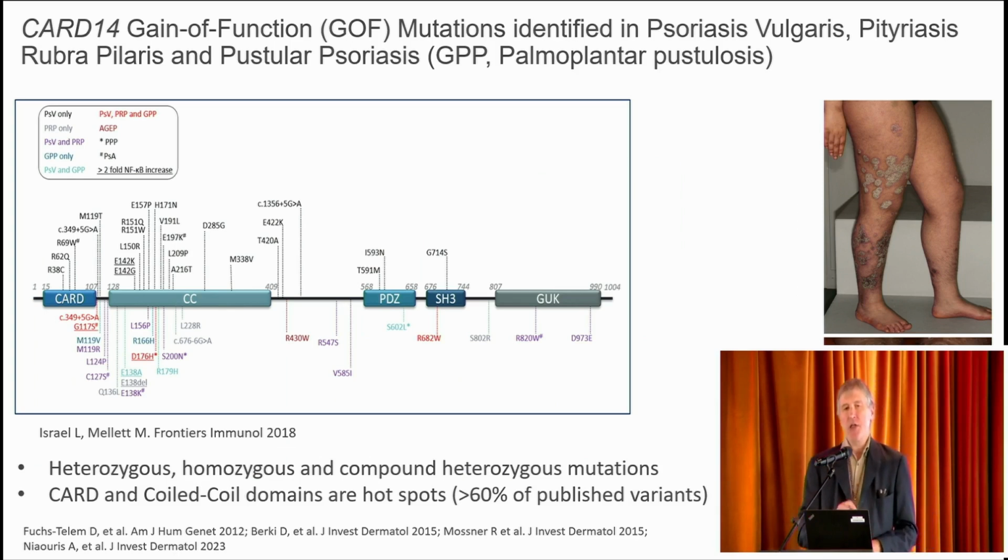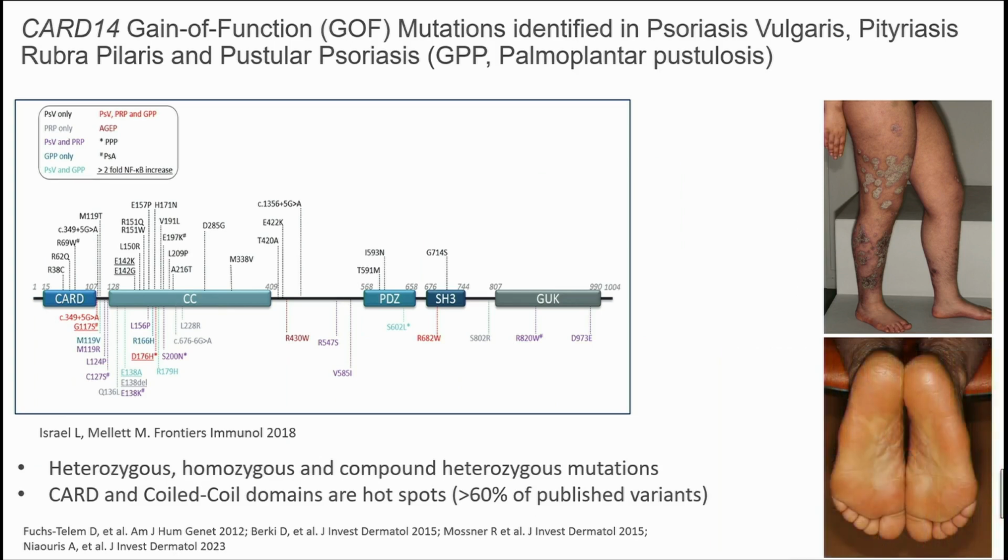I mentioned it: the first group able to identify the first causal pathogenic mutation of any gene in pustular disease was Anne Bocock's group in 2011. That was part of a study of both familial and sporadic cases of plaque psoriasis with or without psoriatic arthritis, but there was also one individual with undebatable generalized pustular psoriasis, an infant.